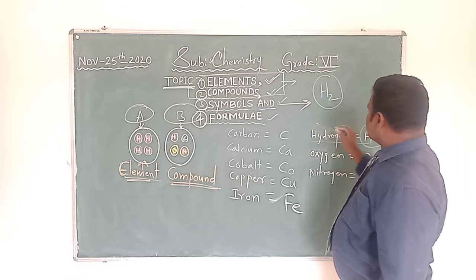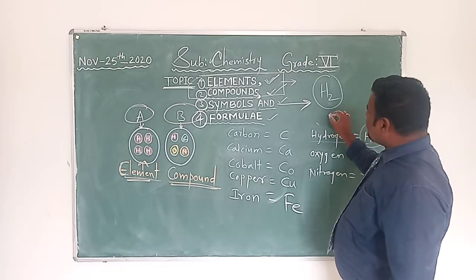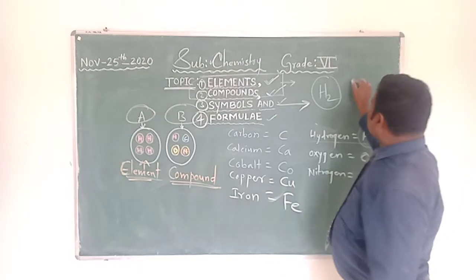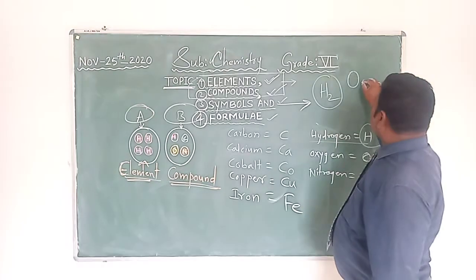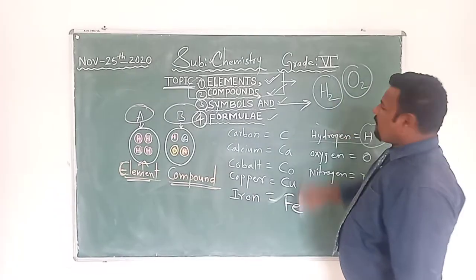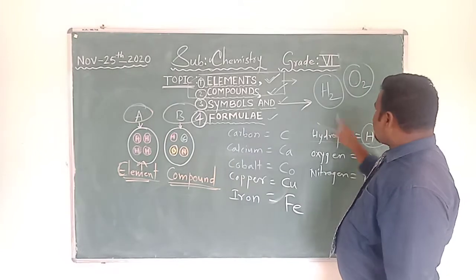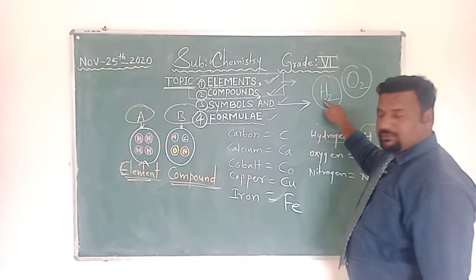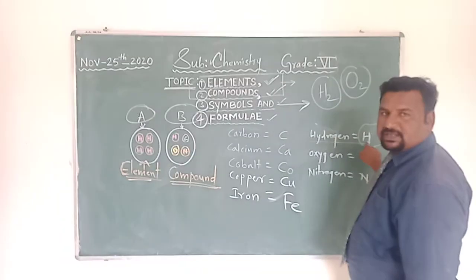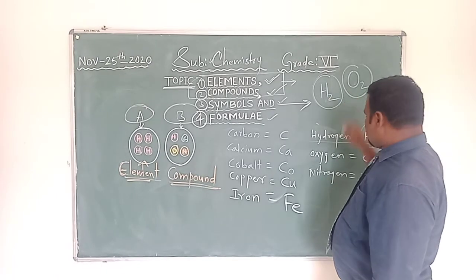Now oxygen, symbol of oxygen is O. The molecular formula of oxygen cannot be written as O, it should be written as O2. That is the formula, and the symbol of hydrogen is H.